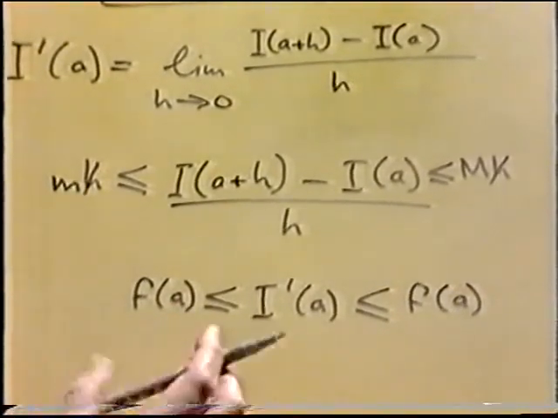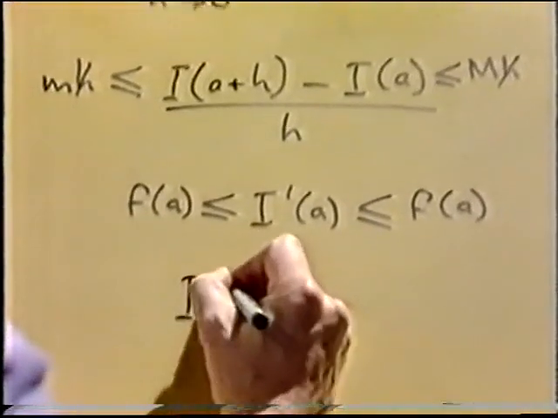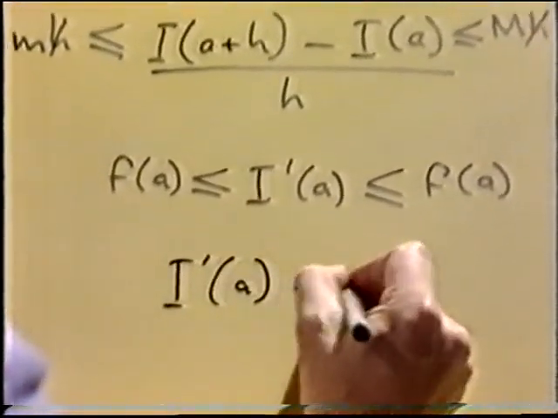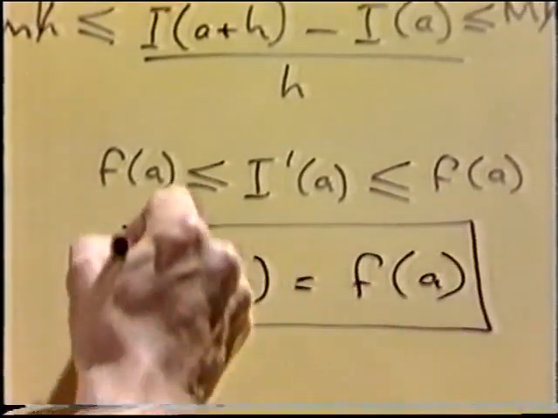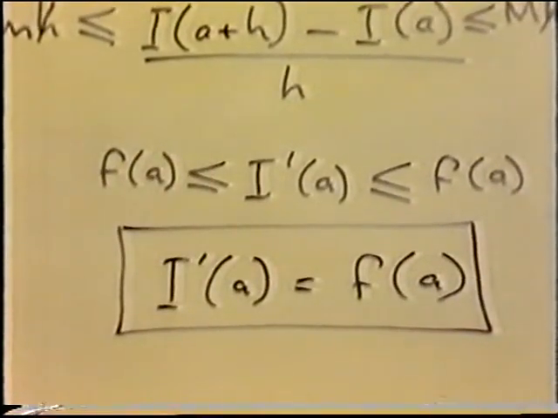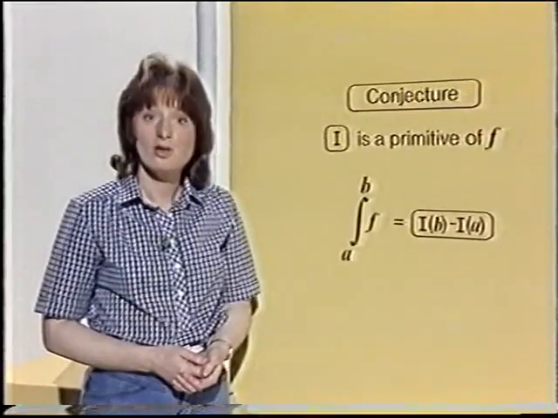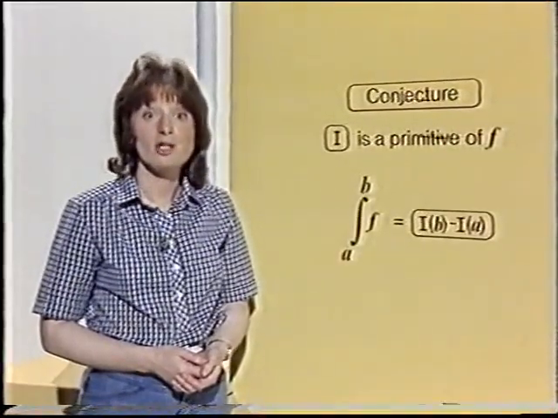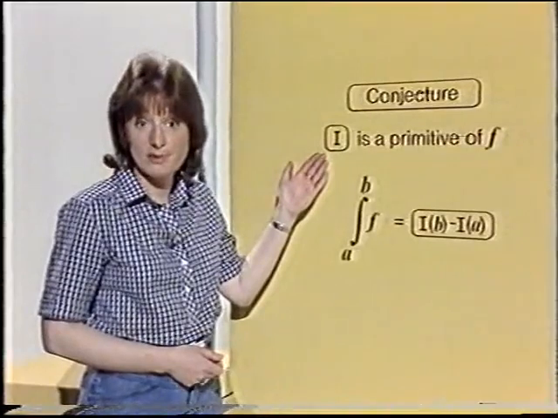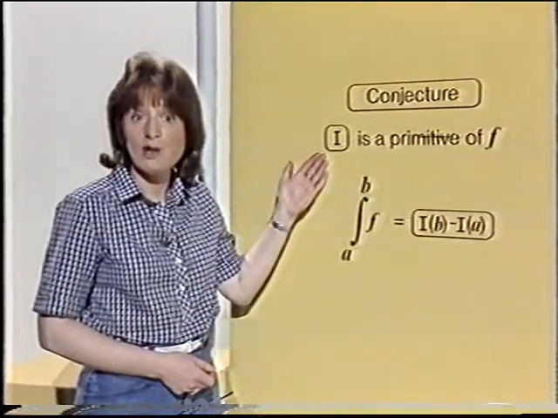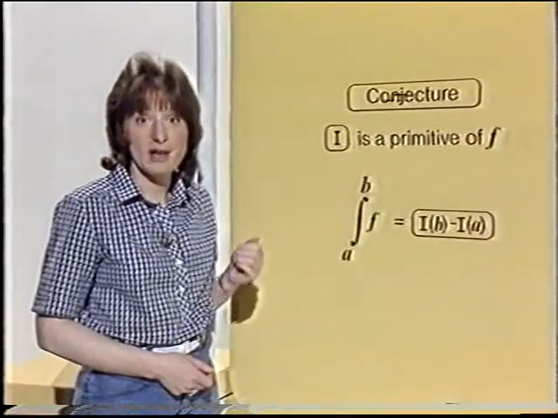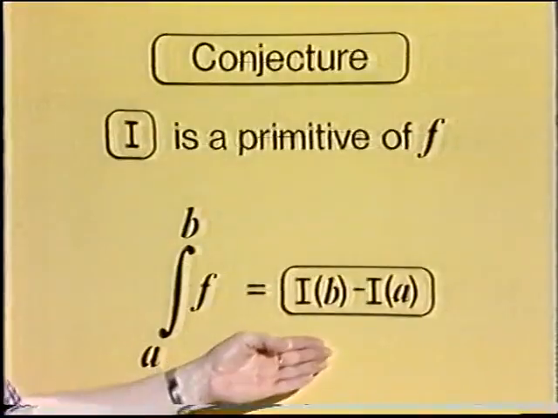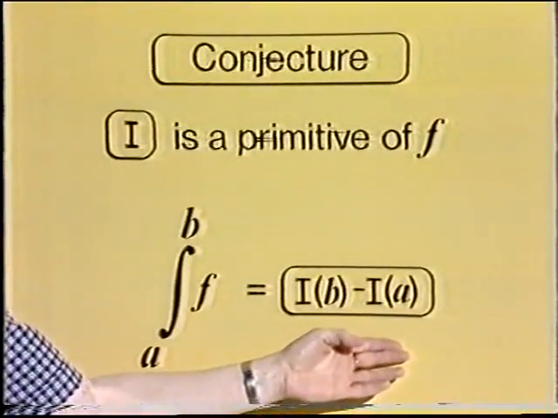And the only way that can happen is if I prime of a is equal to f of a. So the derivative of I is equal to f, as we wanted. So our integral from 0 function I is a primitive of f. And that's true for any function f. What's more, the integral of f from a to b is I of b minus I of a.